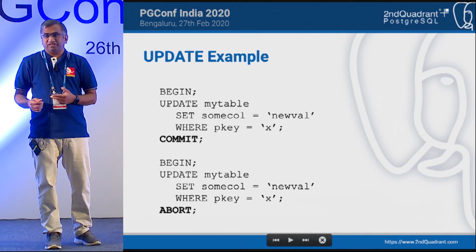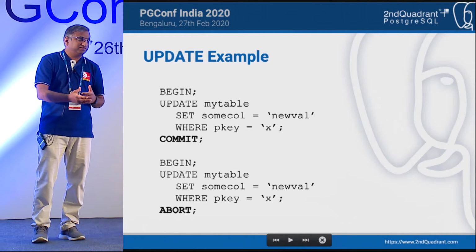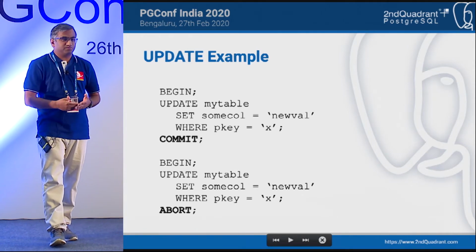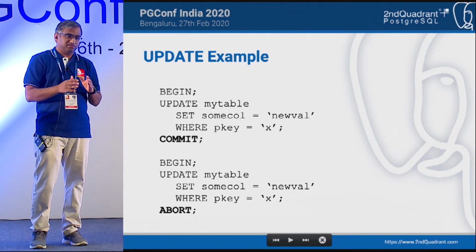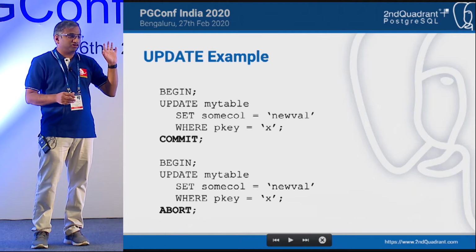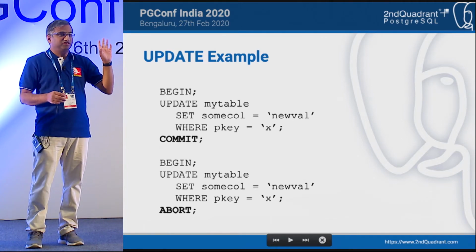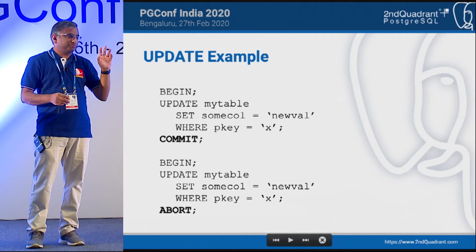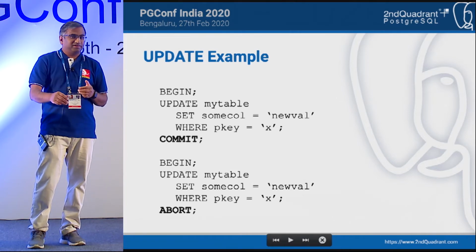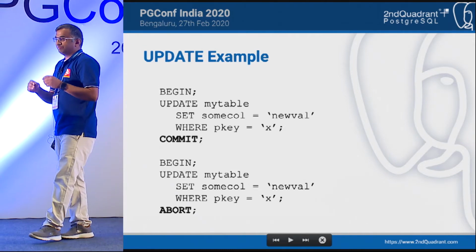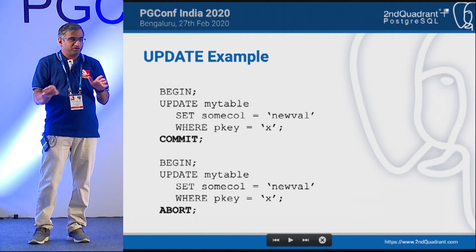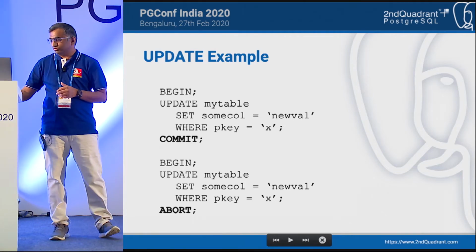So even if you want to commit the transaction, it might eventually lead to an abort. And the database must be prepared to handle all these eventualities. You can't say, because my connection dropped, even though I wanted to commit this particular update, it got aborted. The database has to guarantee its ACID properties, its consistency, irrespective of what happens to the transactions.